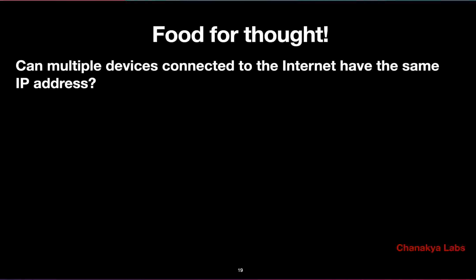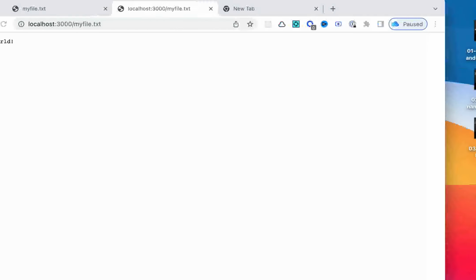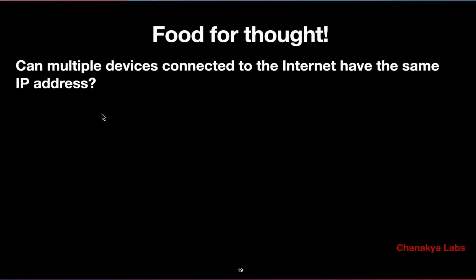I will just give you a hint: the IP address which is actually assigned to your device on the network might be different from the IP address which is publicly exposed. This we understood in the external and internal IP address lectures.